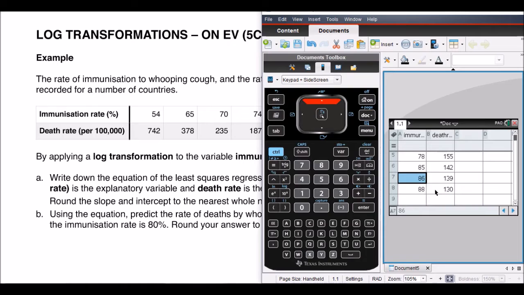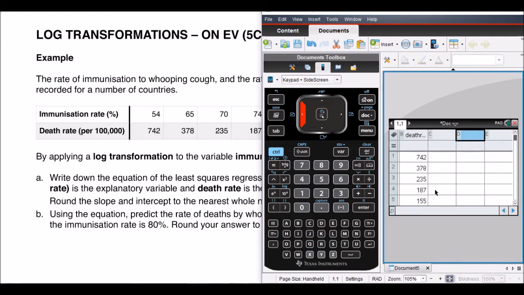Putting that on our CAS, I've done it earlier already. Here's my CAS. I've put in my immunization rates and called it ImmuRate. Just make sure you understand what you've called it on your CAS, as that will help you put the transformation in. I'll call the transformation log ImmuRate.